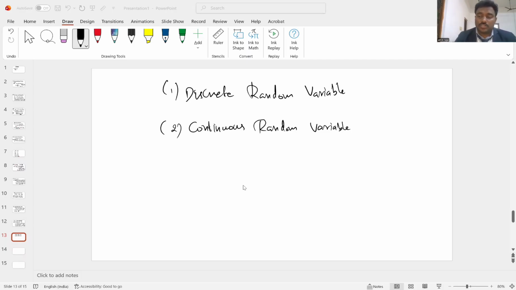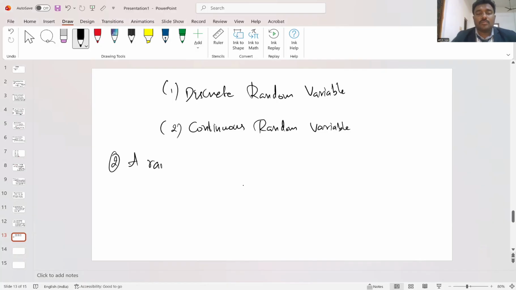Yes. Now we can look at the problem on continuous random variable. So a random variable x has the PDF, that is a probability density function.